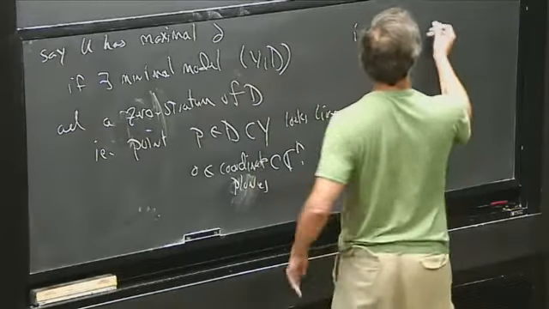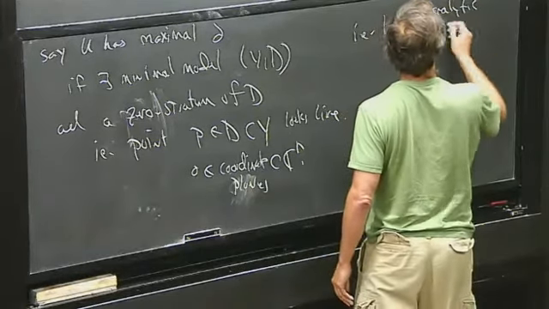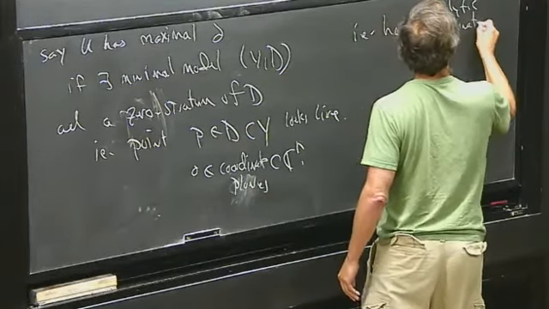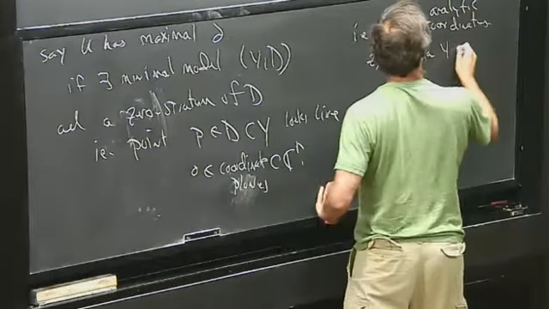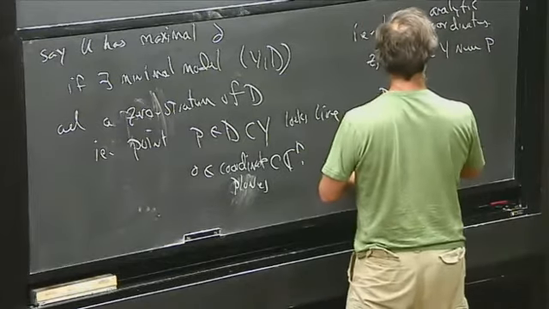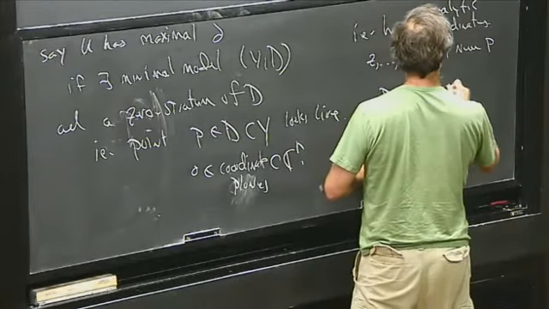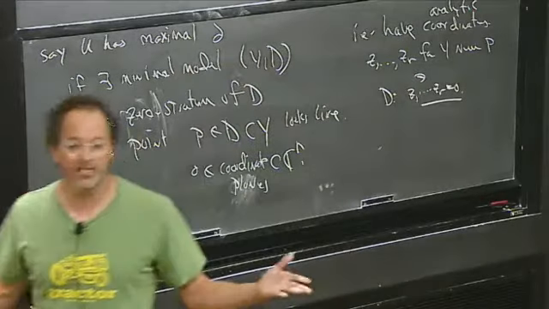I.e., I have analytic coordinates z1, ..., zr for Y near P, such that D is given by the product z1 ... zr equals 0. The boundary has normal crossings.